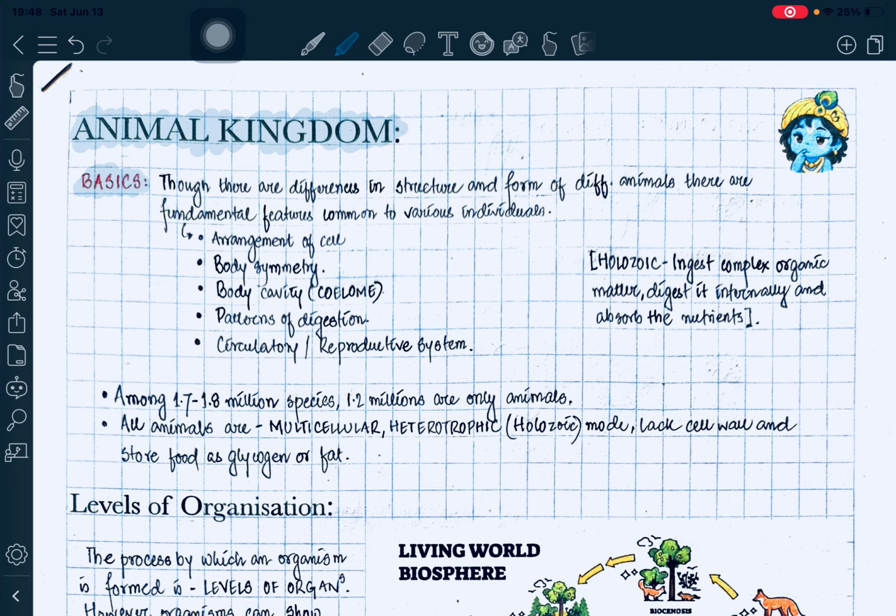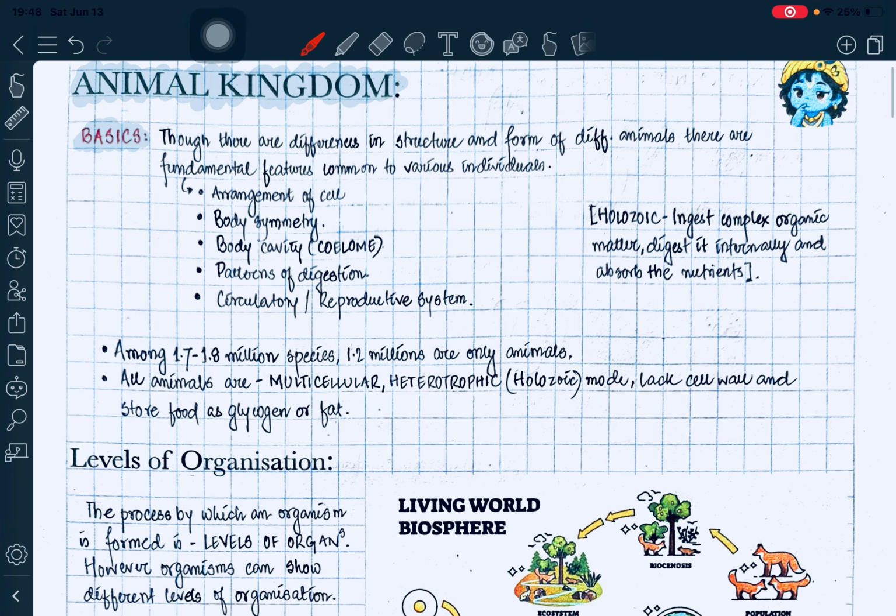Now, as you already know, if I go by NCERT, it says that among 1.7 to 1.8 million species that we have, nearly 1.2 million are animals. So the amount of animals in the biological world is huge.